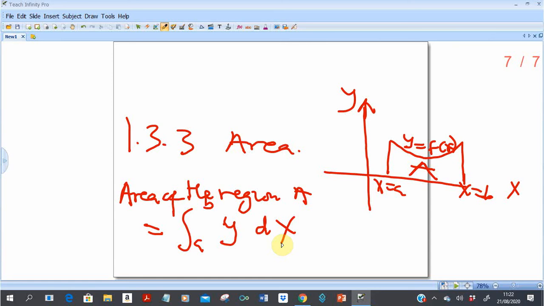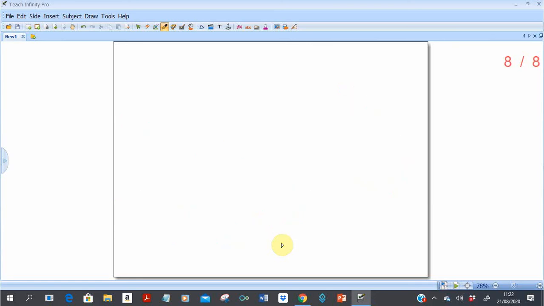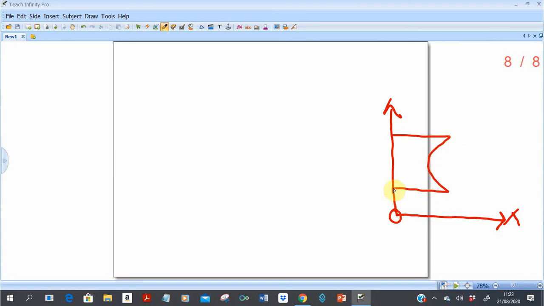Okay, now if we had another case where we have something like this, and you have y is a, y is b, and now this function is x is equal to f of y because it is along the y, and that is our region.